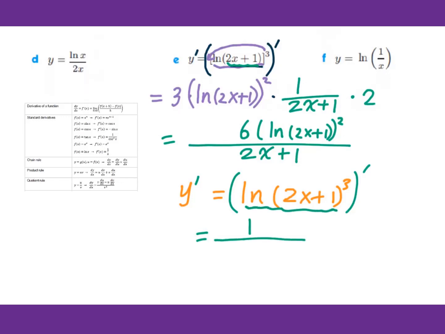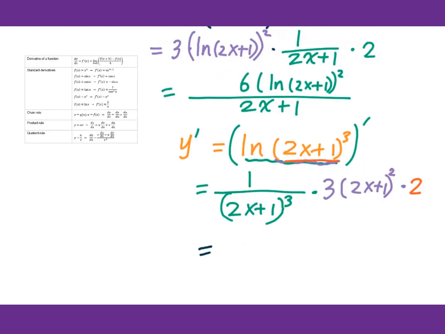So you will get 1 over 2x plus 1 to the third power. Then do the derivative of 2x plus 1 to the third power. That will be power rule. 3 times 2x plus 1 squared. Then you do derivative of 2x plus 1, that's 2.